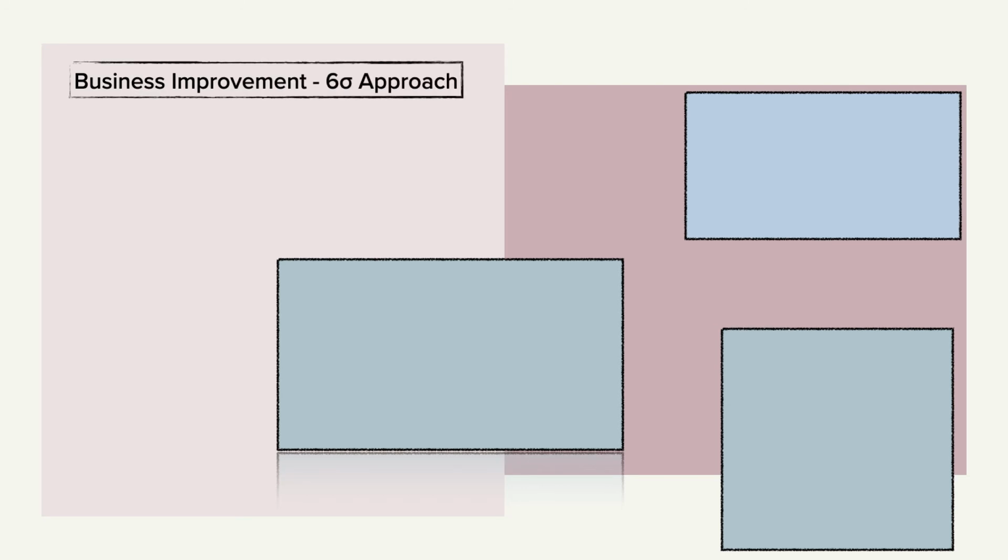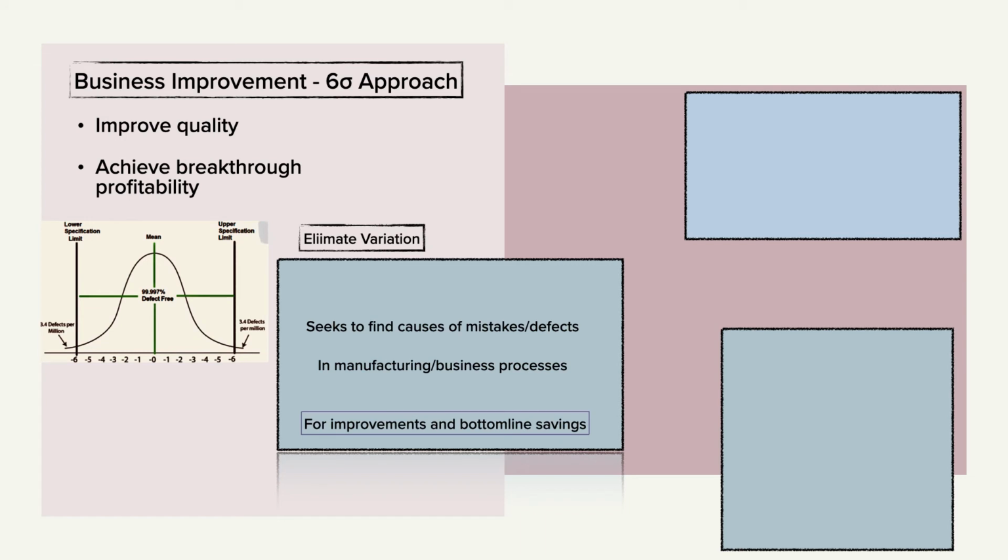The Six Sigma approach is most of the time used for business improvement to improve quality and to achieve breakthrough profitability. This method plans to eliminate variation, and it is done by finding causes of defects in products and processes for improvements and bottom line savings.